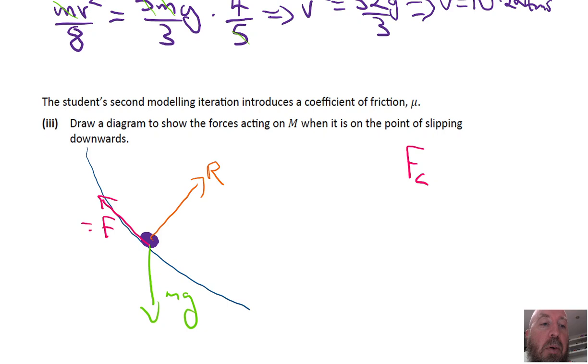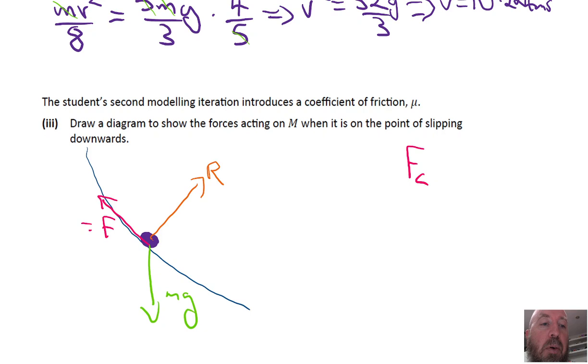And what we have to do again is decompose our diagonal forces. Now we know that that was beta from our previous question. We know that's a right angle. So I think we know that's beta. I'll leave that as an exercise to you, but that is true.